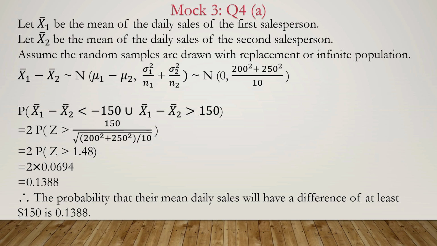To find out the probability that their mean daily sales will have a difference of at least $150, the probability should include the two parts, which is the difference less than negative 150 and larger than positive 150. The two parts will be in the same area, so 2 times the probability of z value larger than 1.48, and after the calculation, the probability is 0.1388.